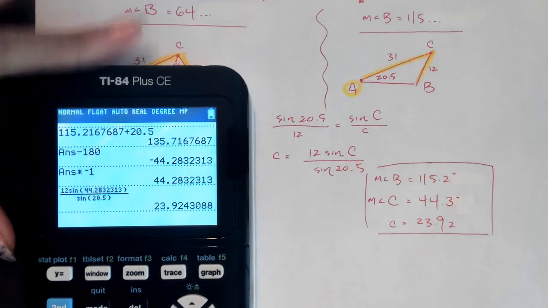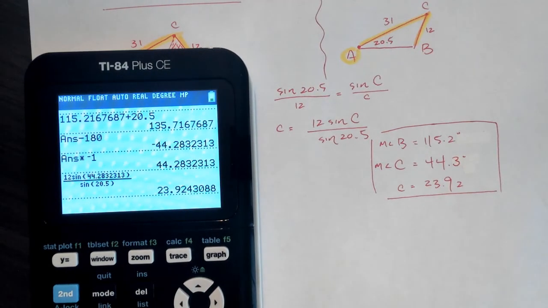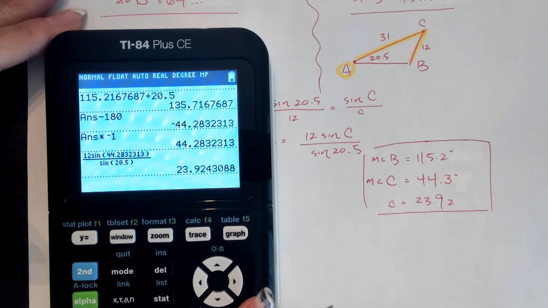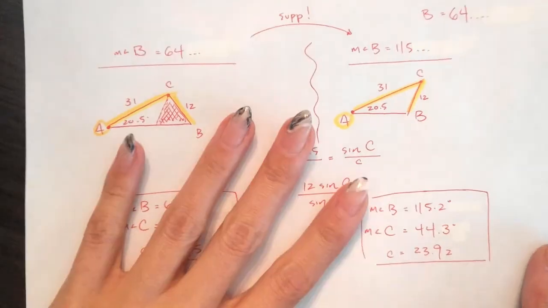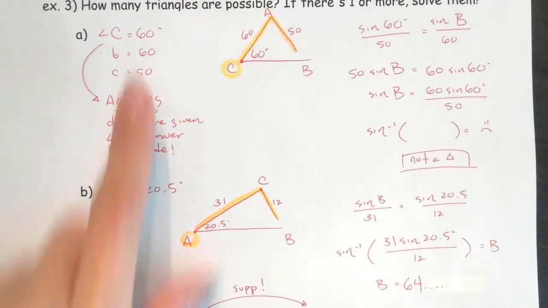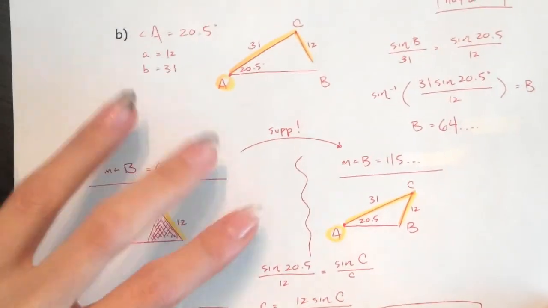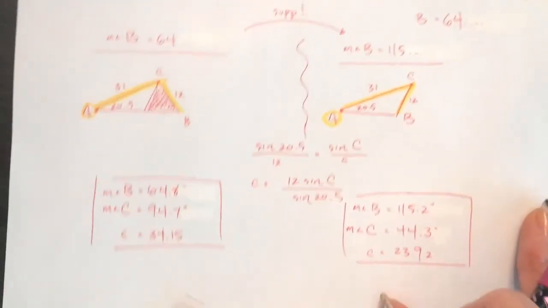So you can't just watch me put things into a calculator. You need to do it, because for homework tomorrow, you're going to do it. And then for homework the next day, you're going to do it. And then you're going to be asked to do an entire problem like this, like B. You're going to have something like A eventually as well. But B is the serious one where you have to like, oh, there's two options, so I have to keep going.